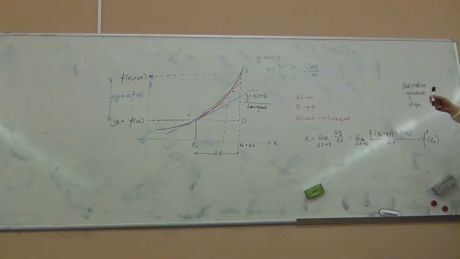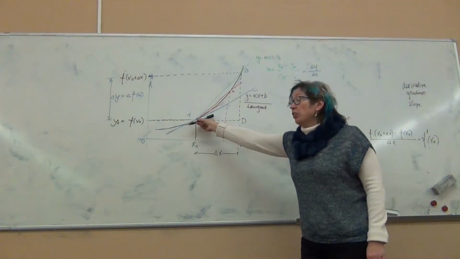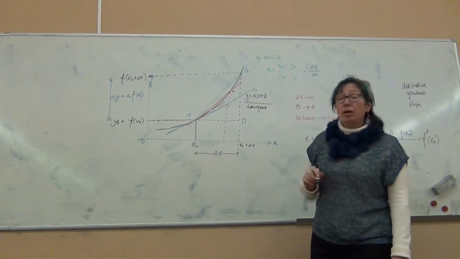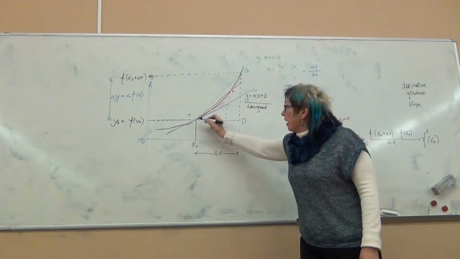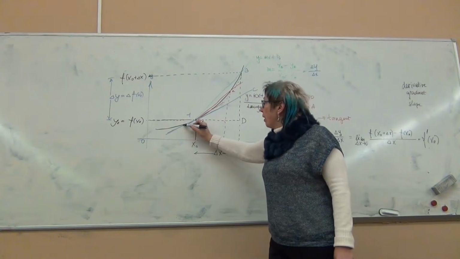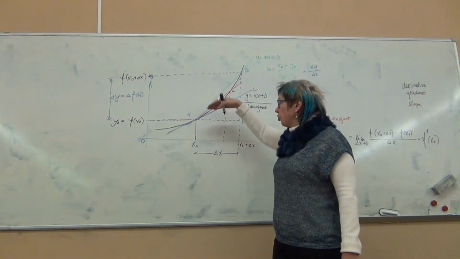We are not talking about the secant or the tangent, but we are talking about the function. In other words, the slope of the function is defined as the slope of the tangent line at that point. The slope of this line is considered to be the slope of this function at this point.